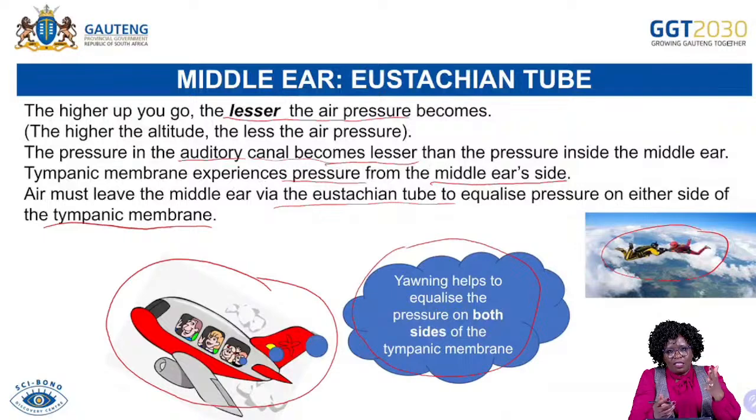You must just check this out. The different scenarios will cause either an increase in pressure on the auditory canal side, or pressure on the inner part of the tympanic membrane, depending. Because of that, there must be corrective measures so that there is always a balance that is struck.